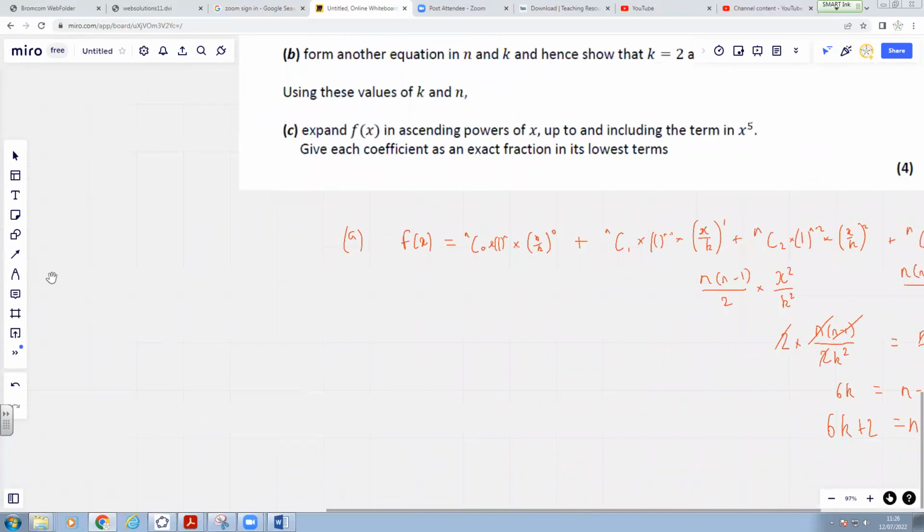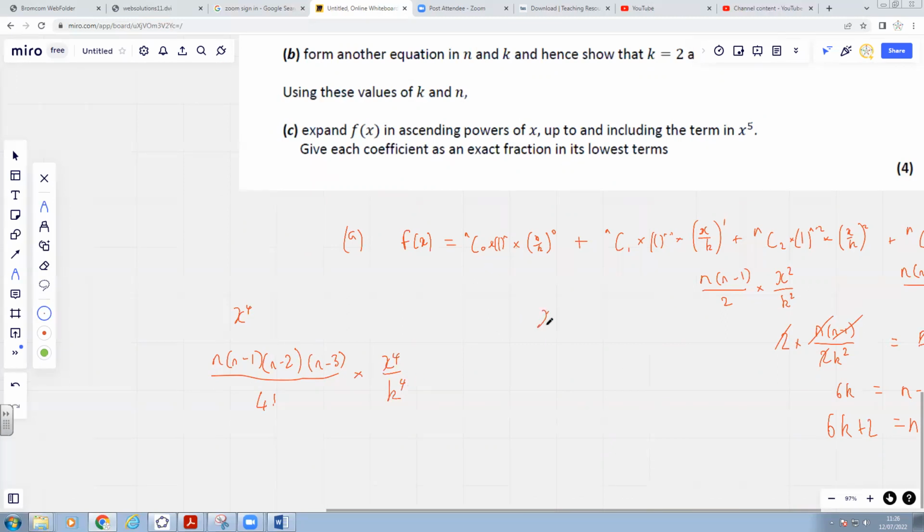So what we're going to have for x, I'll write it down underneath these terms. For x to the 4, you're going to have n minus 1, n minus 2, n minus 3 over 4 factorial multiplied by x to the 4 over k to the 4.